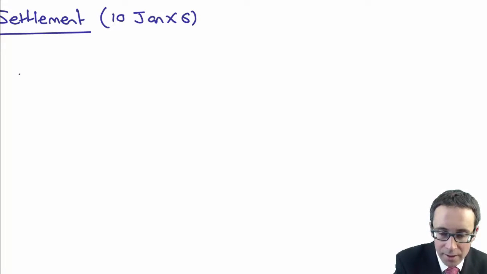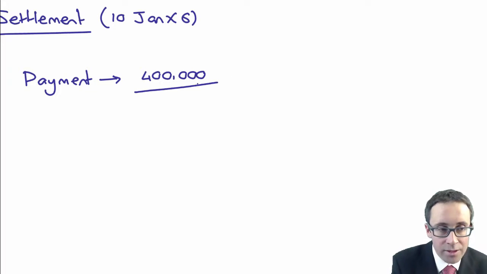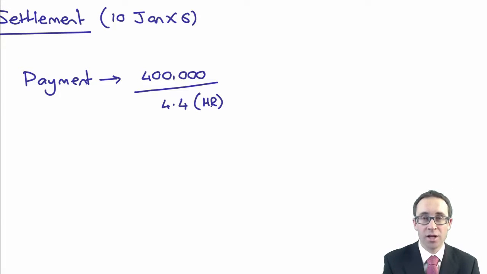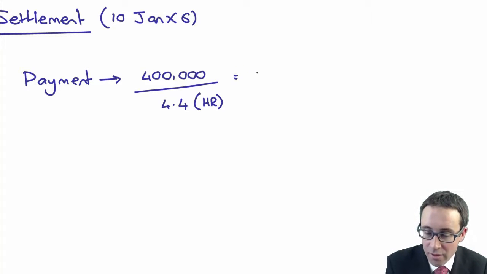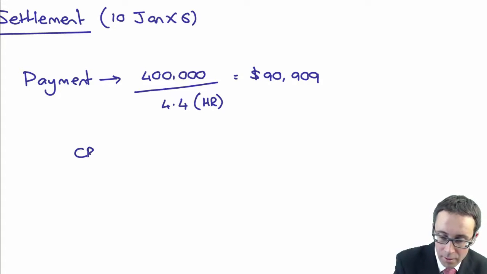So what happens there is that the payment that you make is the 400,000 dinars, isn't it? The rate that's in place on that date, I think, is 4.4, isn't it? That's the rate today. It's referred to as the historic rate. So that's the rate today. So that gives me there, is it 90909? Okay, that's the physical amount of cash that you are going to pay.